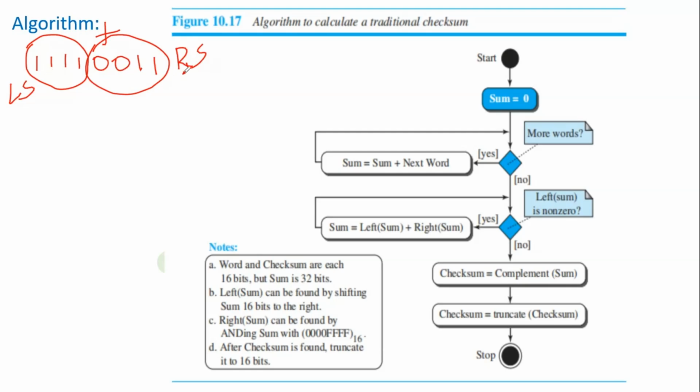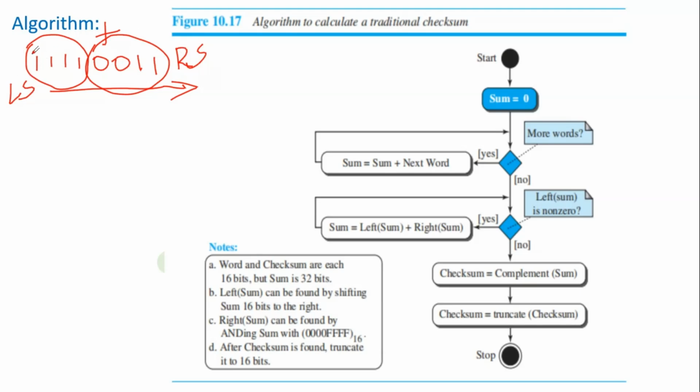You can't extract like that as we do it here. It has to happen in the system. So how is it done? The left sum can be found by shifting the sum 16 bits. Since it was 32 bits, 16 bits; here it is 8, so 4 times we have to shift. If I shift this whole thing to the right, this 1 is copied here, this 0 is copied here, this 0 is copied here, and at the end 0 is added and this is discarded.